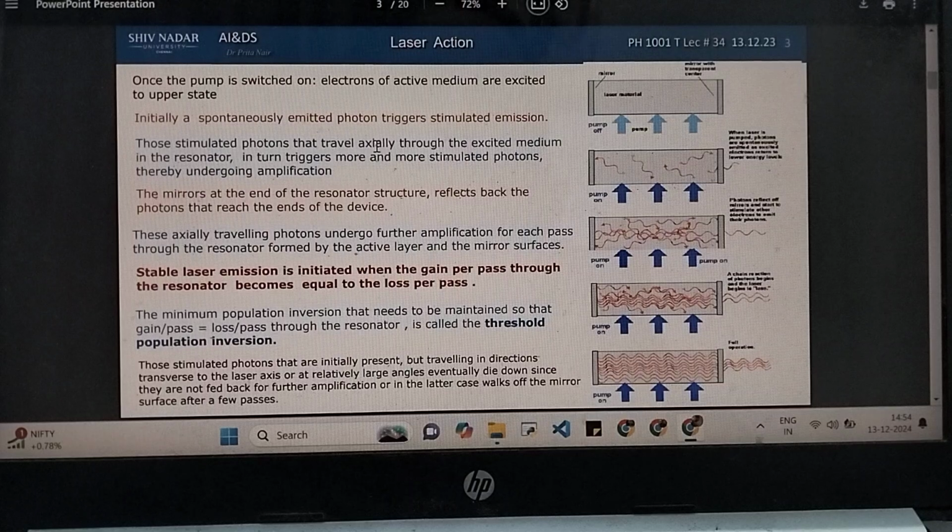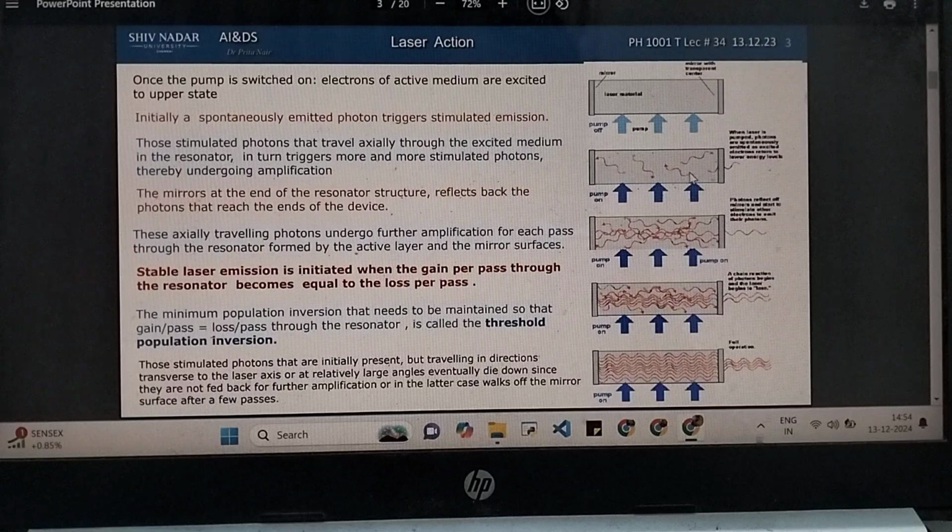Now these stimulated photons travel axially through the excited medium. Axially means more or less horizontally along the axis, in turn triggering more and more stimulated photons, thereby undergoing amplification. So first there were a few spontaneously emitted photons. They triggered stimulated emission of some photons.